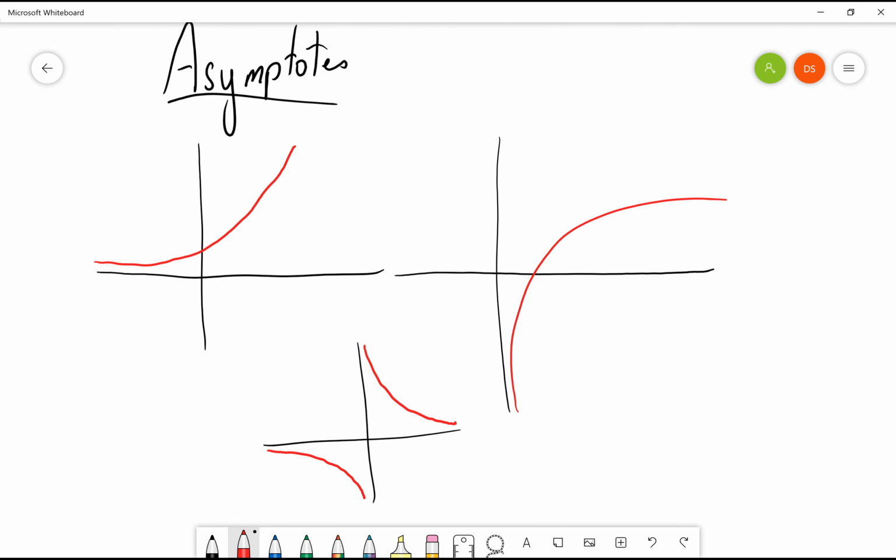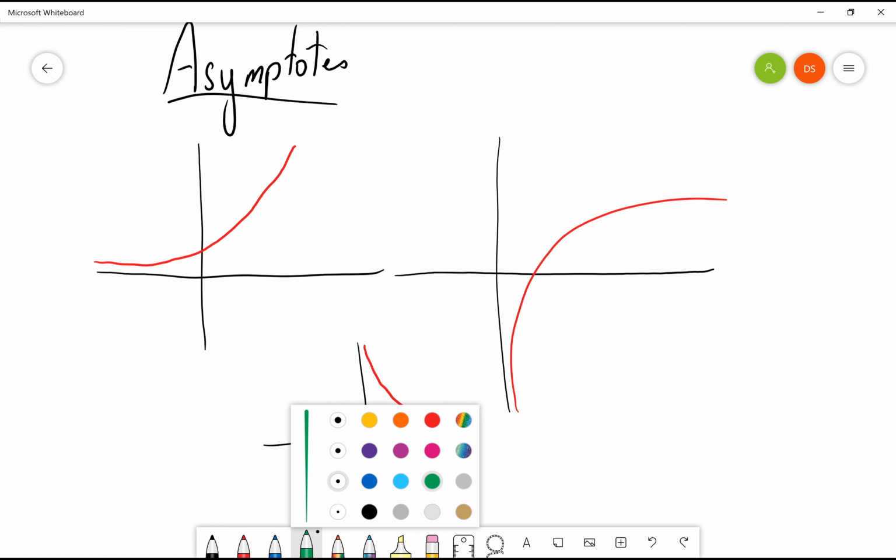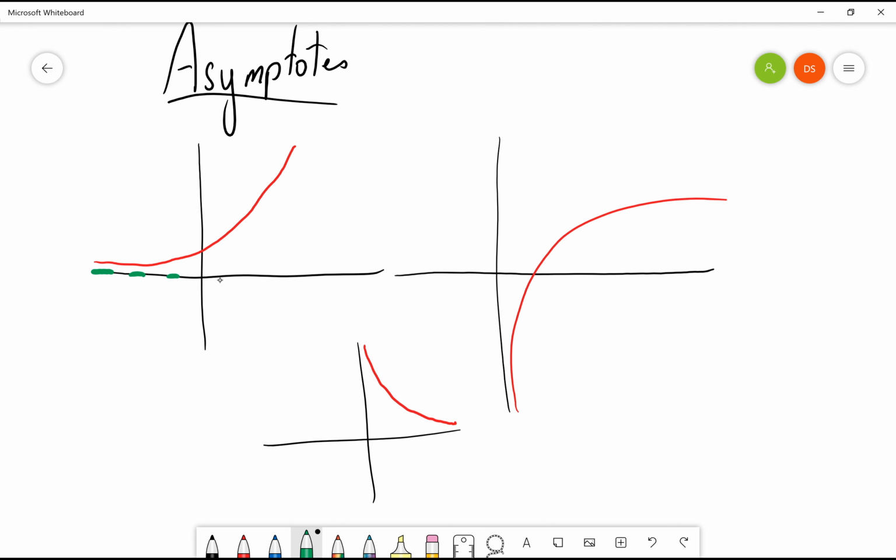They have this special line, which I'm going to draw. You can't see it, so I'm going to try and dot bigger. Okay, here we go. This line here is the asymptote for the exponential.